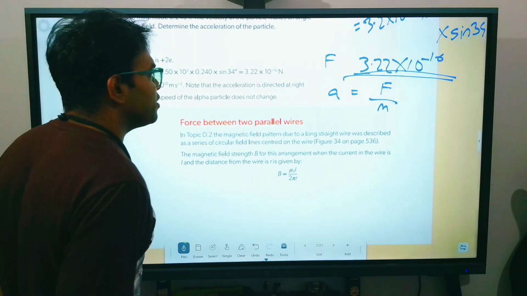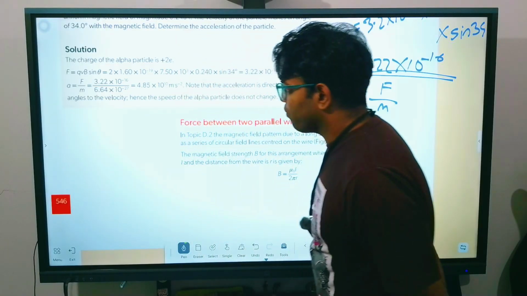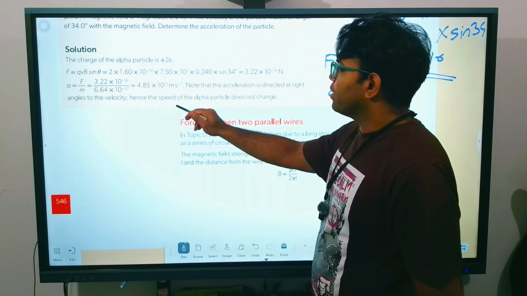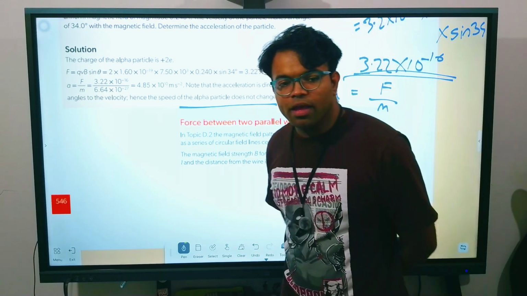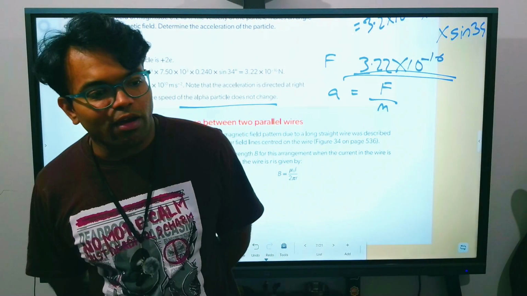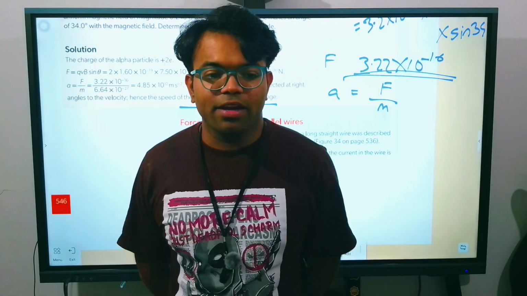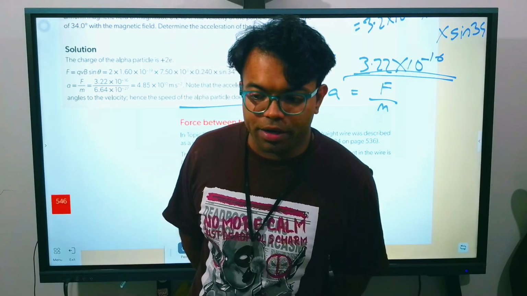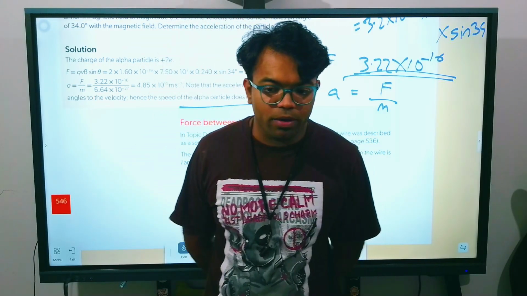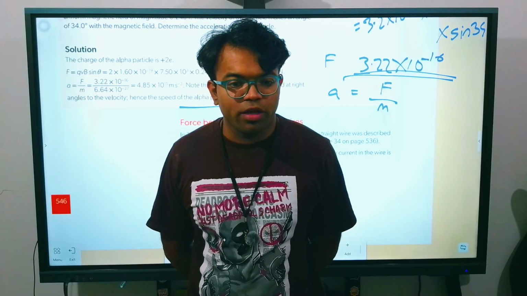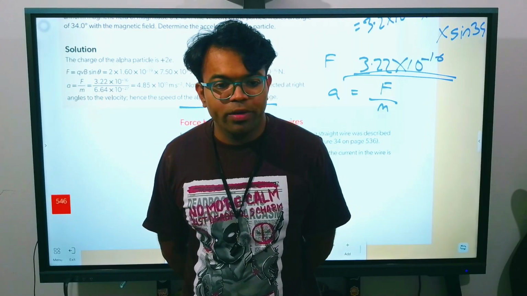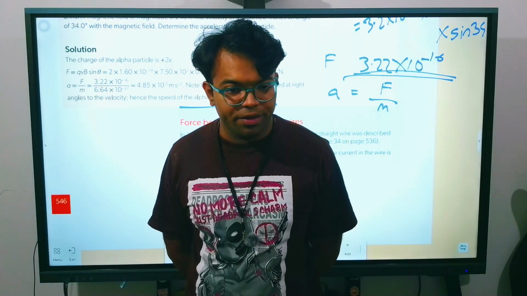Note that the acceleration is directed at right angles to the velocity, hence the speed of the alpha particle does not change. Okay, the force was being applied at 90 degrees, so the speed will not change. Basically, Akshay, if you are running on the ground, moving forward, the earth is pulling you downwards. Earth is not doing any work to reduce your speed.